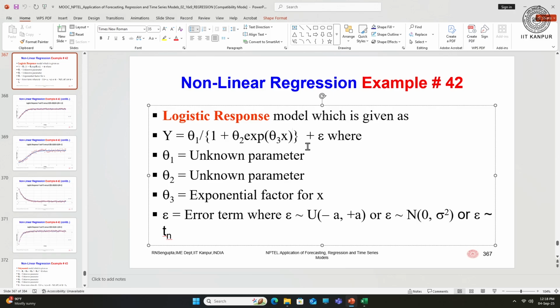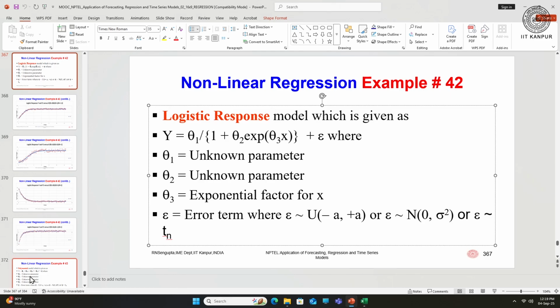So, theta 2 being negative and positive would basically showcase that, and we have seen that in the discussions of the last few minutes for the logistic response model.